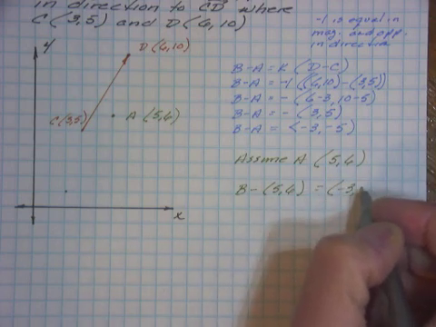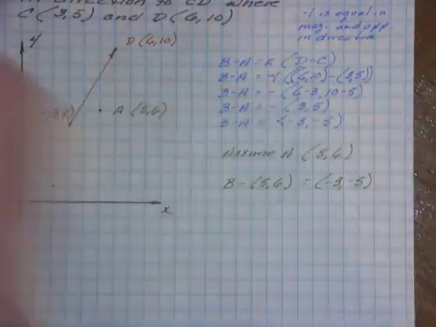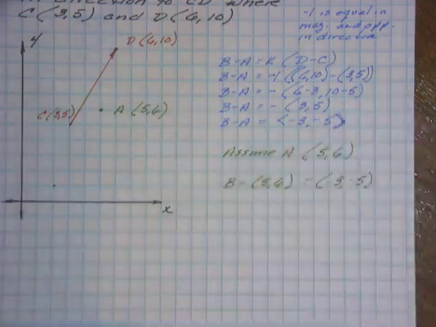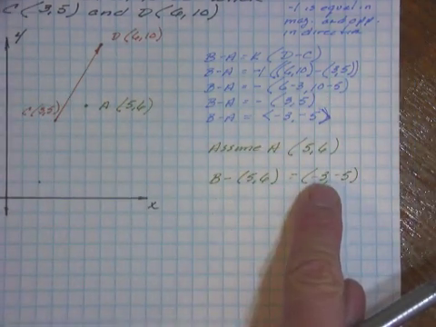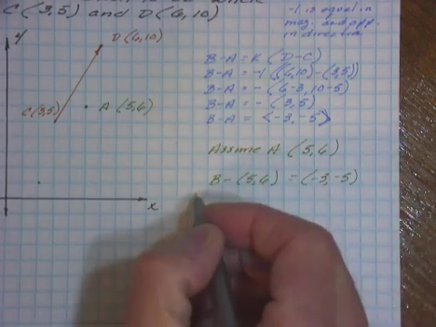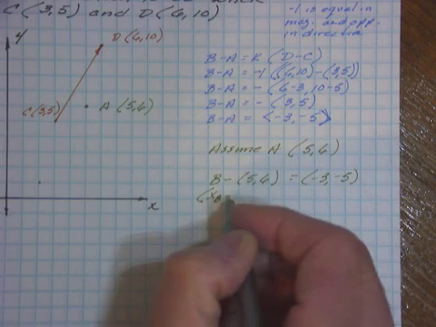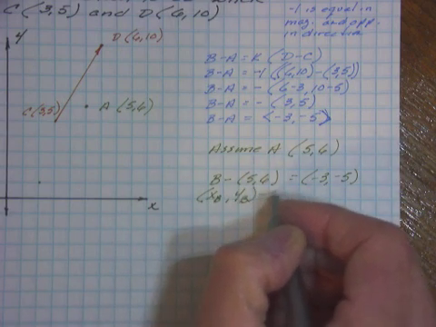So I've got B minus A, which is minus 5, 6, equals -3, -5, which I got from right there. Okay. Notice I'm using point notation here. That's okay.